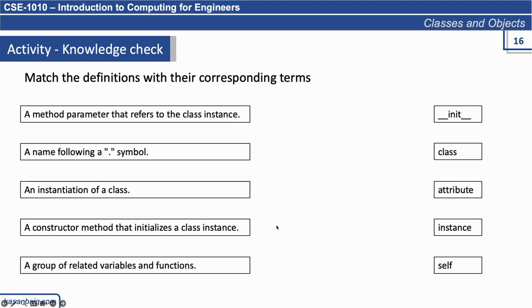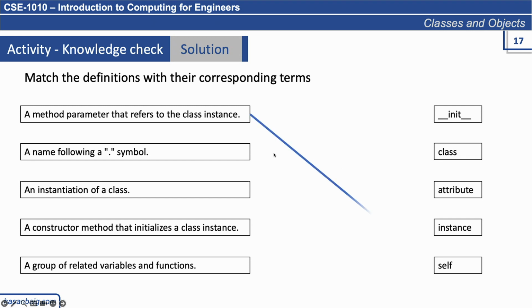Let's do this activity. Match the definitions with their corresponding terms. So what is the first one? A method parameter that refers to the class instance. What is it?